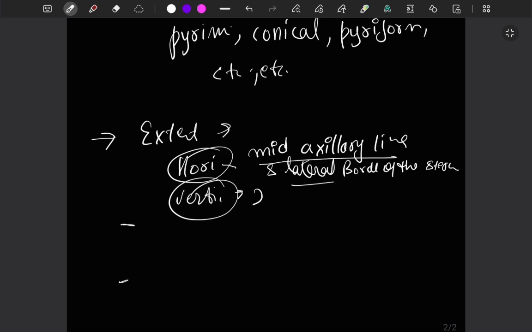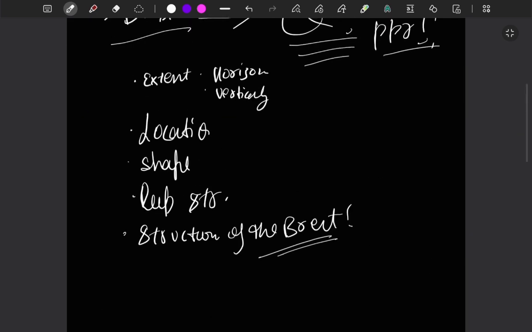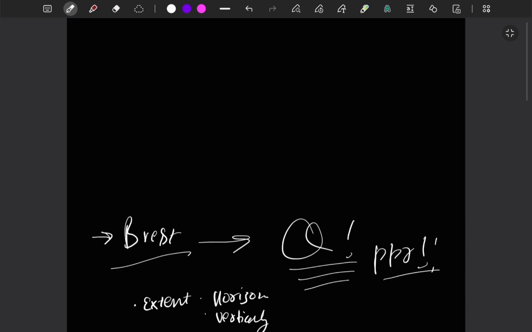Vertically it goes from the second to the sixth rib. So this is horizontal, this is vertical. We got the extent, shape and location.